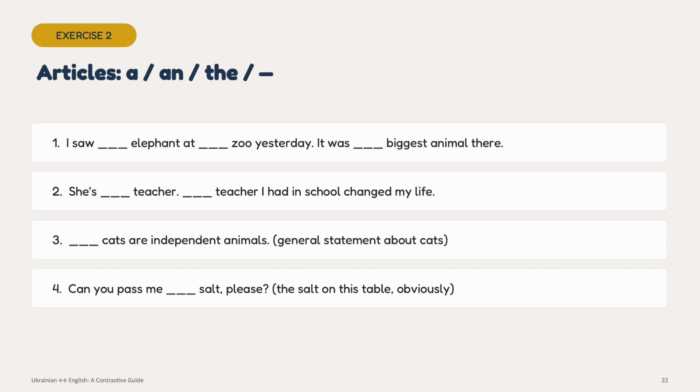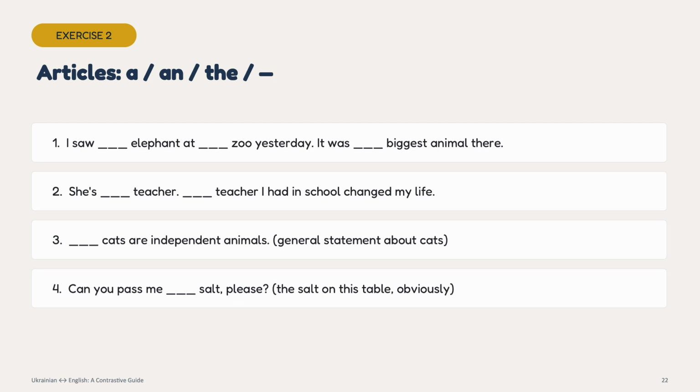The way I learned it is if you're talking about one of many, she's a teacher. If you're talking about one particular teacher, she's the teacher. Yeah, it's true.